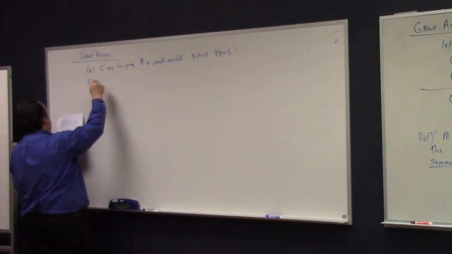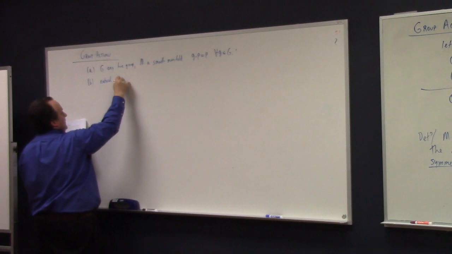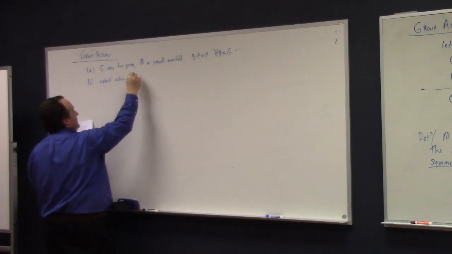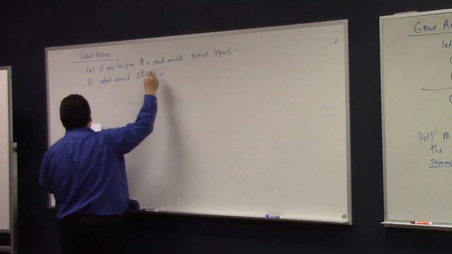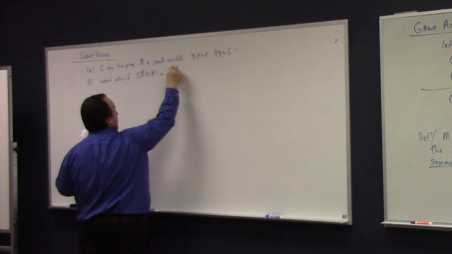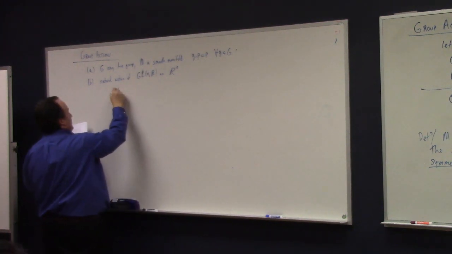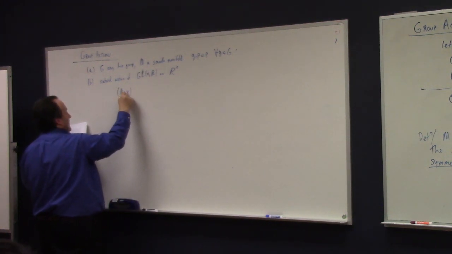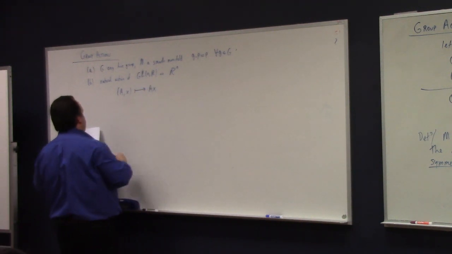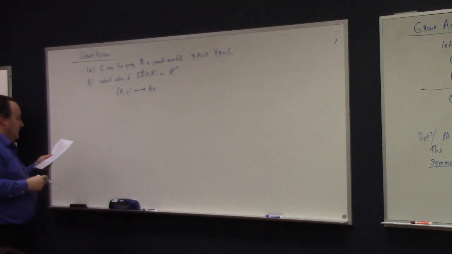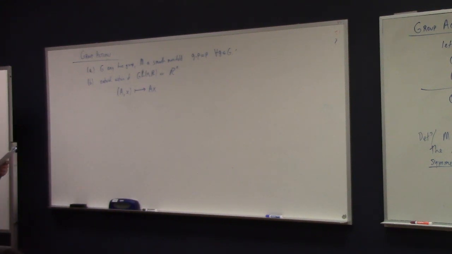This is the so-called natural action of GL(n, R) on Rn. And it's simply this: X maps to AX, where we think, of course, of X as a column matrix.